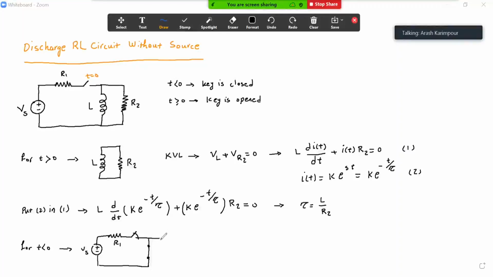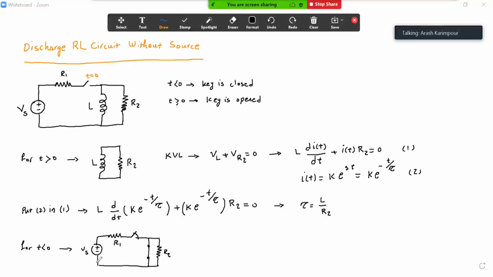And then we have the R2 sitting here. Because that inductor behaves like a short circuit, basically no current goes through the R2 for t equal to 0.